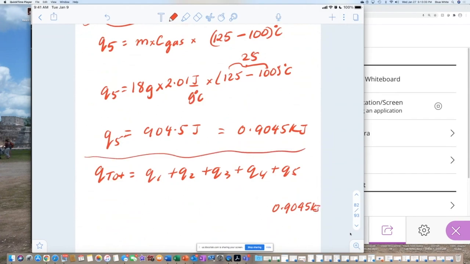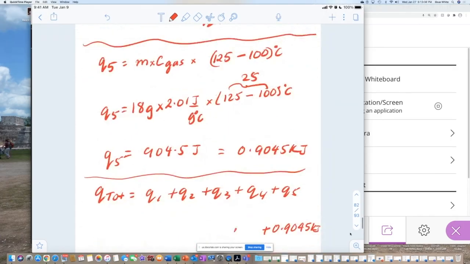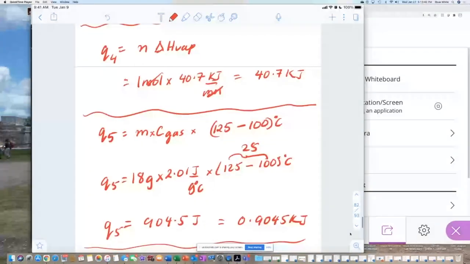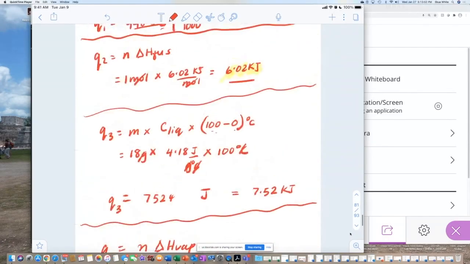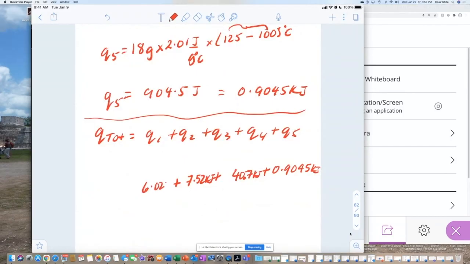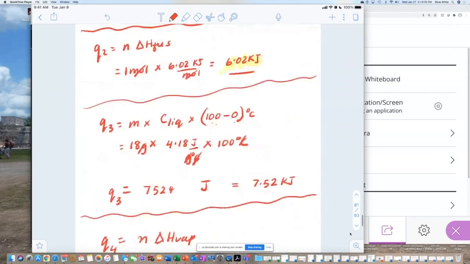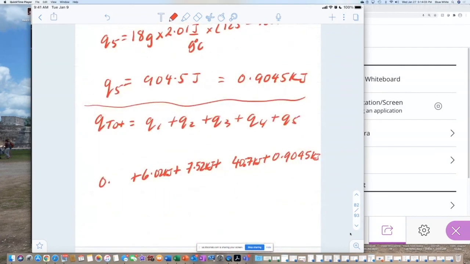Okay, this is Q5, and Q5 is 0.900. What's Q4? 40.7 kilojoules. I know, I'm writing backwards. Because I can actually see these numbers right here. Then 7.52 kilojoules. Then that's Q3, 6.02 kilojoules. Then we have Q1, which was 0.941 kilojoules.